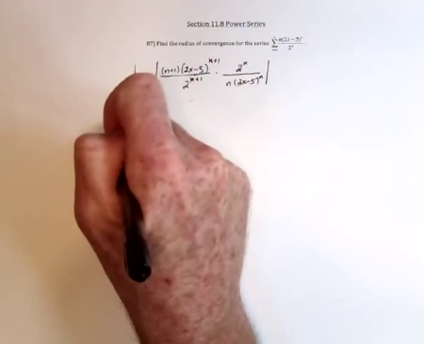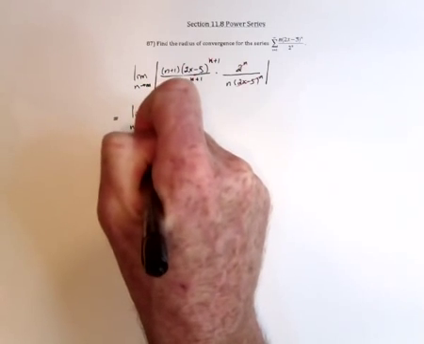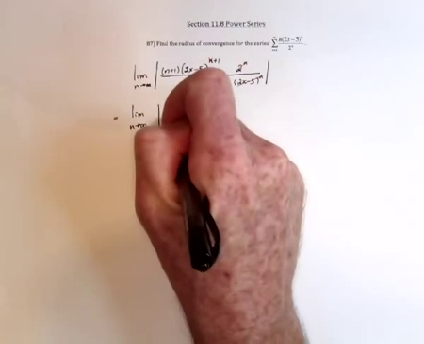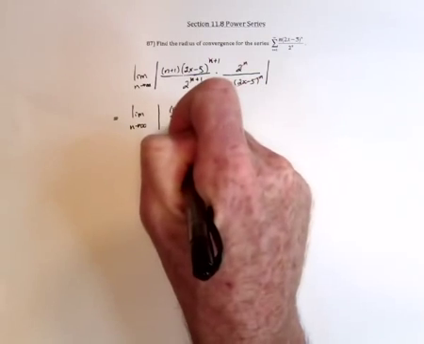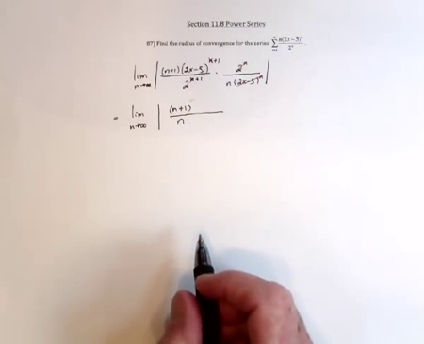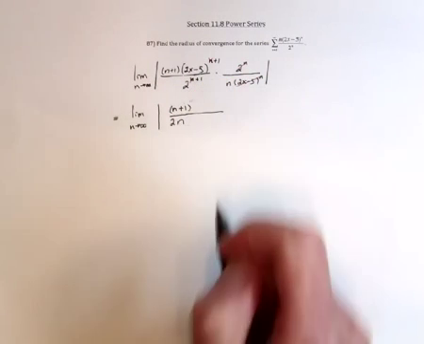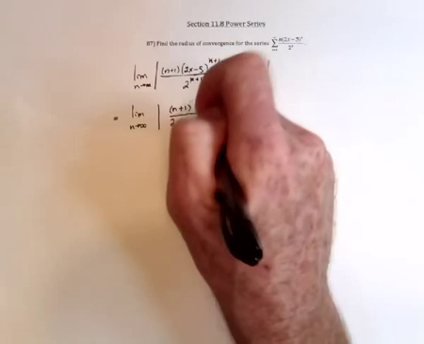So it's going to then be the limit as n goes to infinity. There's n plus 1 over n. And the denominator has a 2. And the numerator has this thing left.